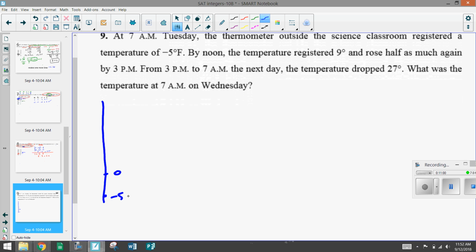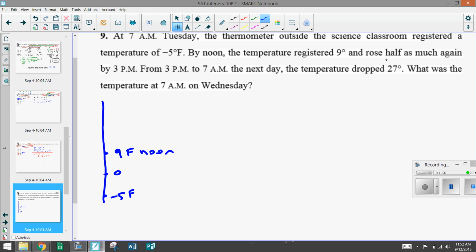Here's the -5 F. And by noon, the temperature registered 9 degrees Fahrenheit here, which is noon. Okay, I'm just putting the values on the thermometer.